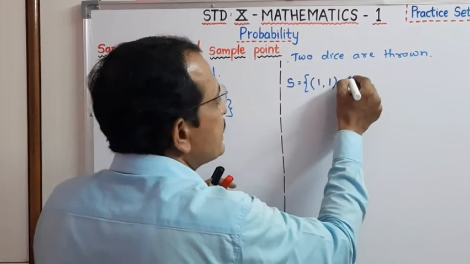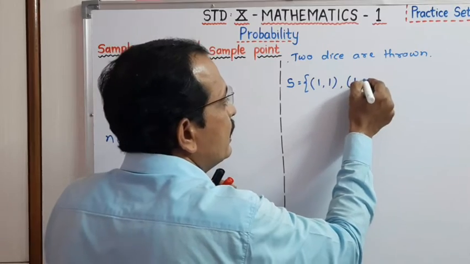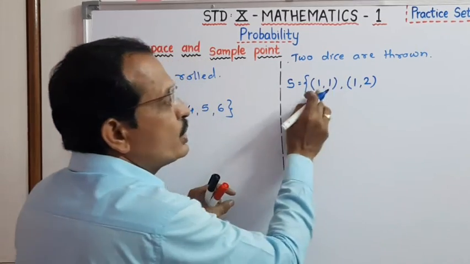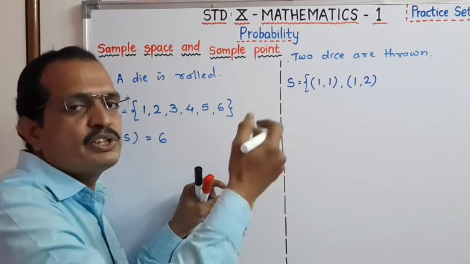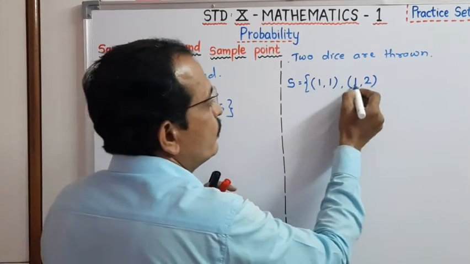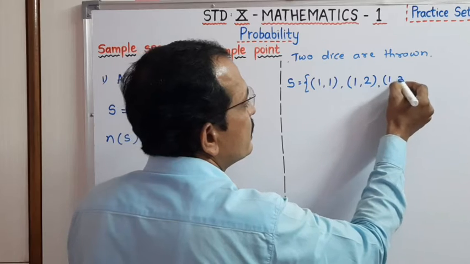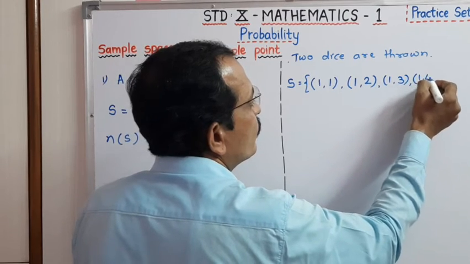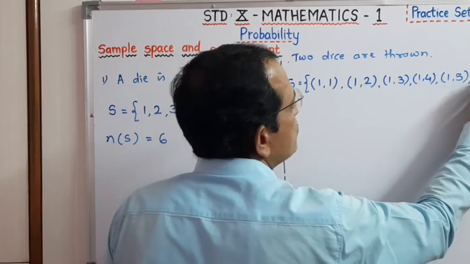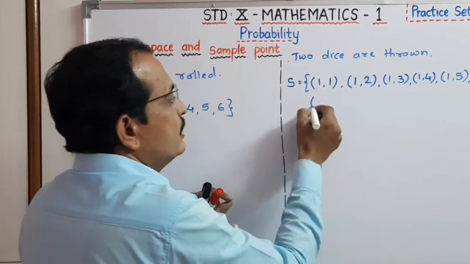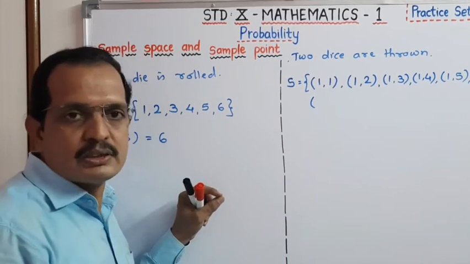Then what is the second possibility? 1 remains constant for the first die, and on the second die we change the numbers: (1,1), (1,2), (1,3), (1,4), (1,5) and (1,6). These are the 6 possibilities.